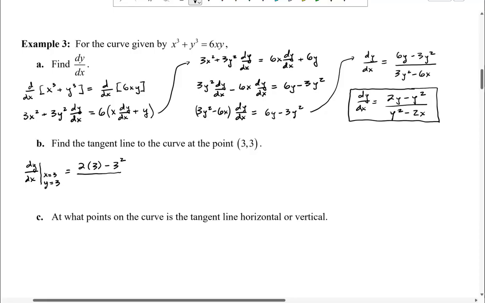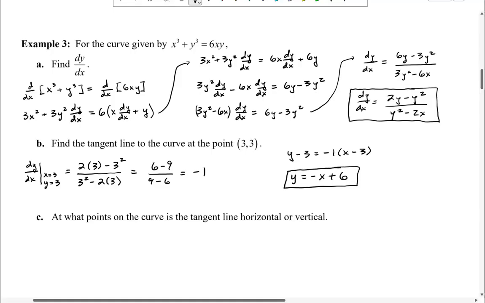And on the bottom we have 3 squared minus 2 times the x value. Now we write the equation of the tangent line at the point (3, 3) using the slope of -1. And we get y equals -x plus 6.